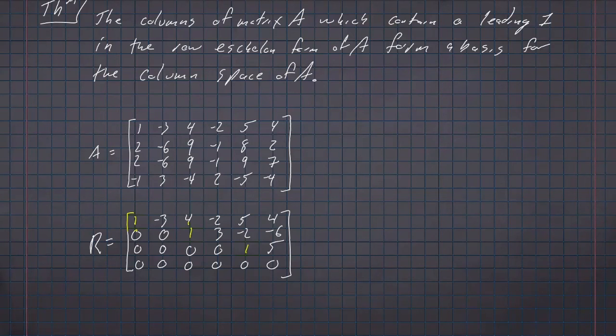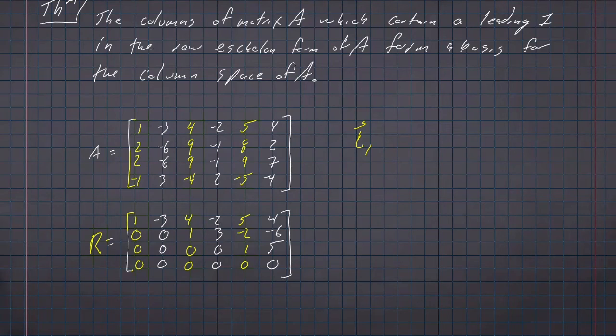The columns which contain these ones form a basis for matrix R, which is nice but not really helpful. The theorem tells us that if we take the corresponding columns of matrix A, these form a basis for the column space that we care about.